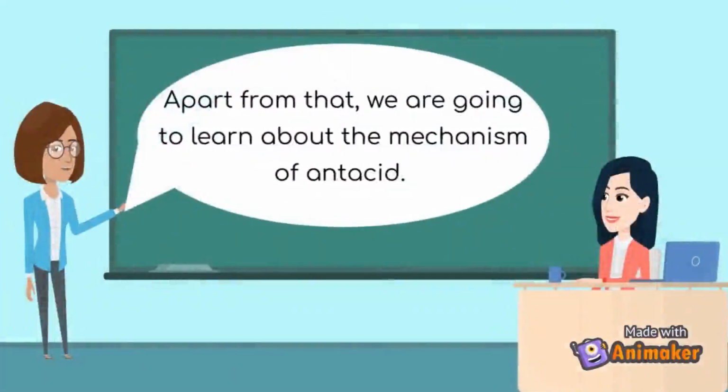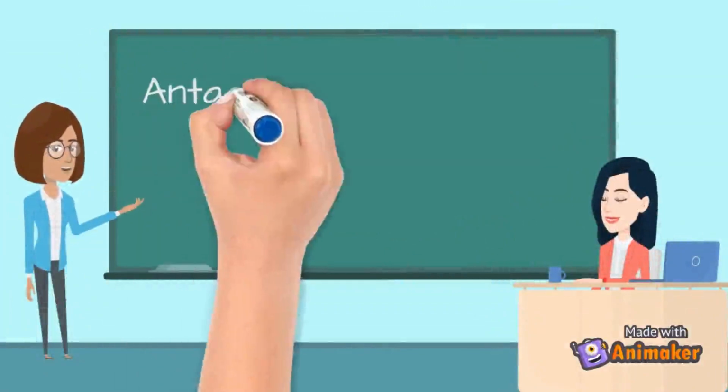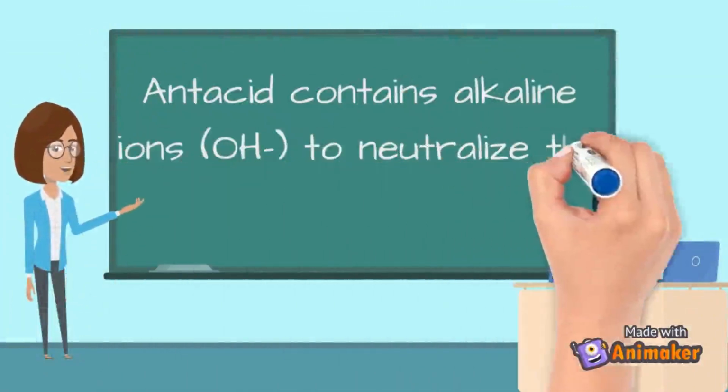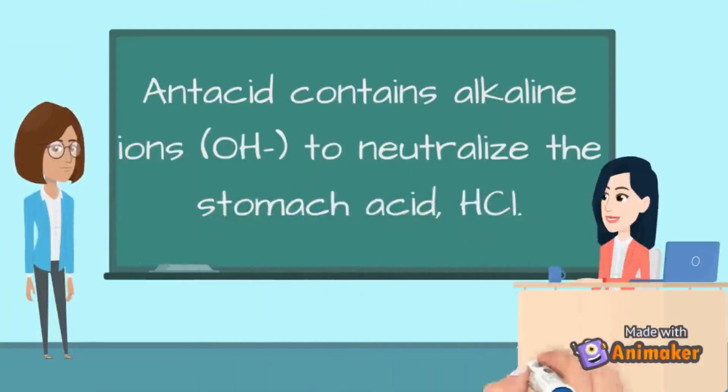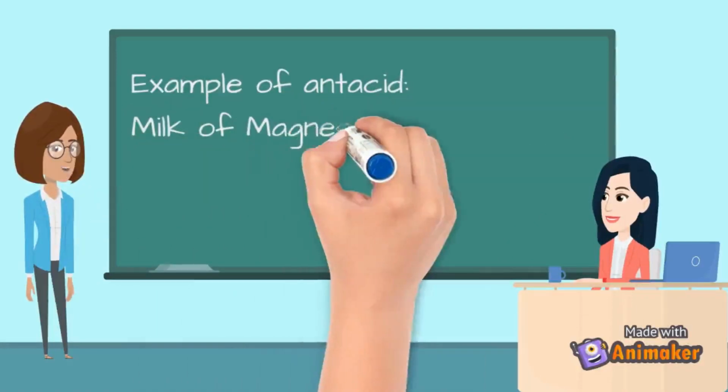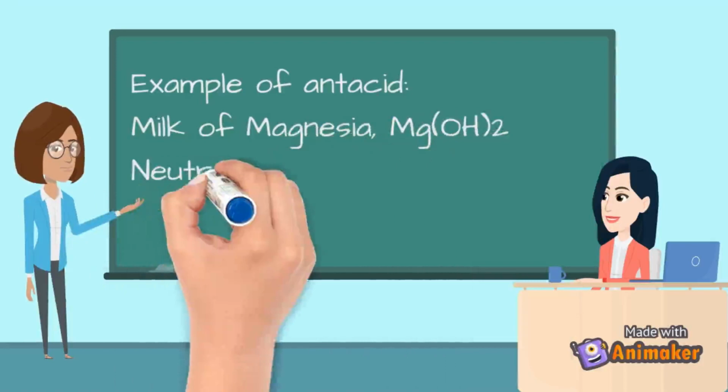Apart from that, we are going to learn about the mechanism of antacid. Antacid contains alkaline ions, OH negative, to neutralize the stomach acid, which is hydrochloric acid HCl. An example of antacid is milk of magnesia, Mg(OH)2.